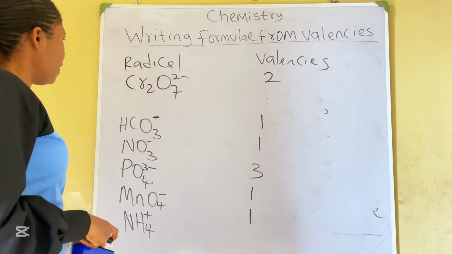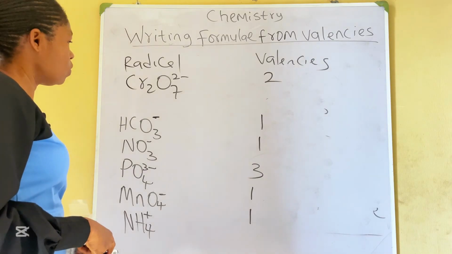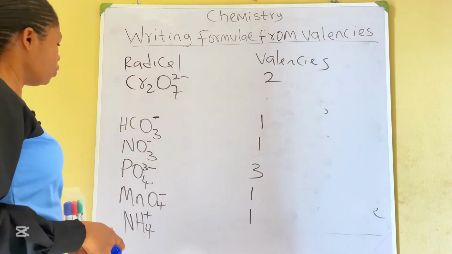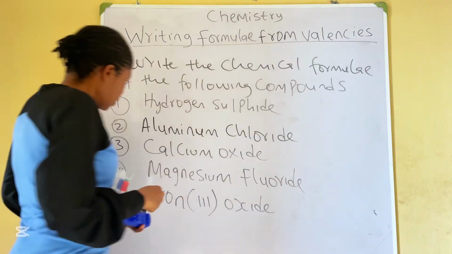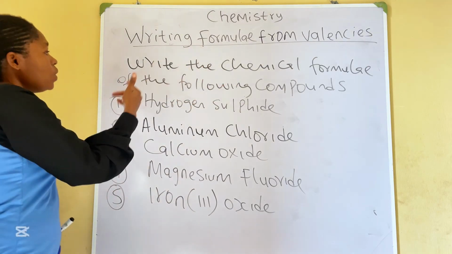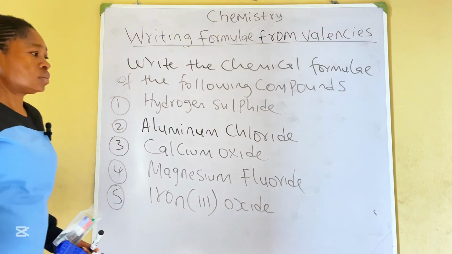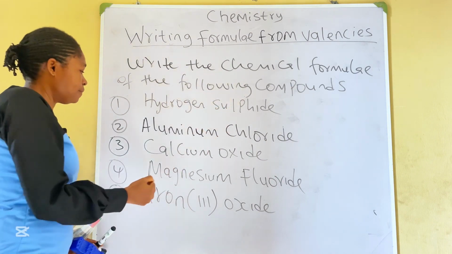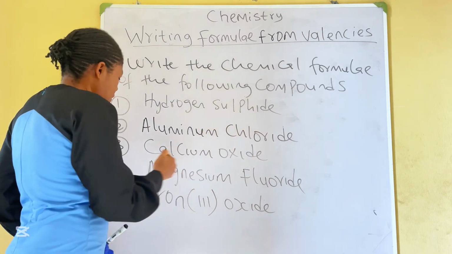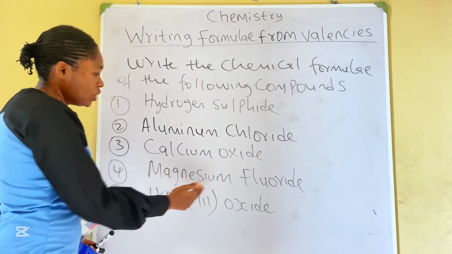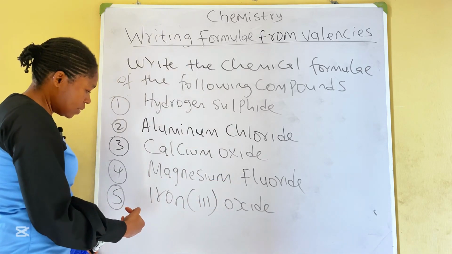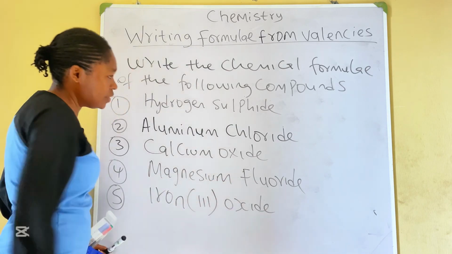So having known your valencies and radicals, let's proceed to writing chemical formula. Write the chemical formulae of the following compounds. Number 1, hydrogen sulfide, aluminium chloride, calcium oxide, magnesium fluoride, and lastly iron 3 oxide.